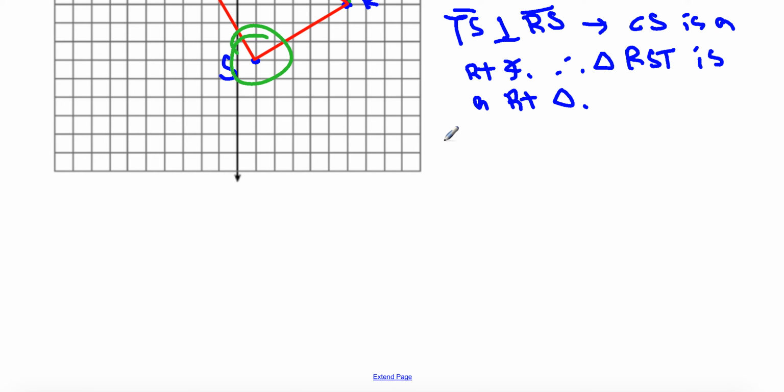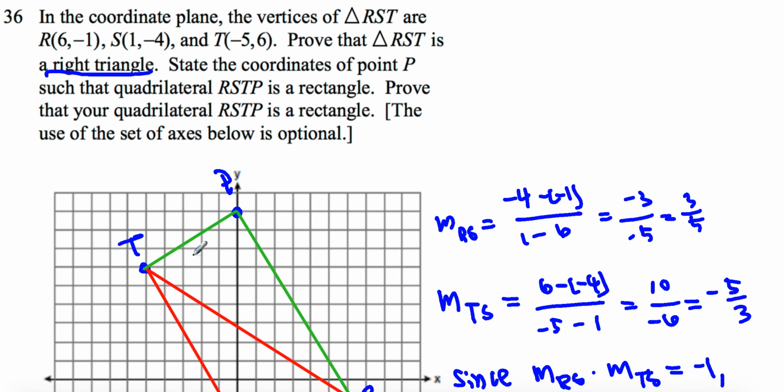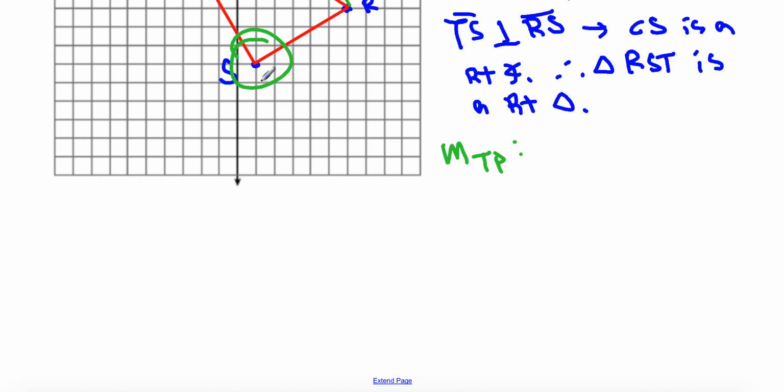Slope of TP, where P seems to be 0, 9. 3, 3, 3, yeah, 0, 9. So 9 minus 6, and then 0 minus negative 5, which becomes 3 over 5.